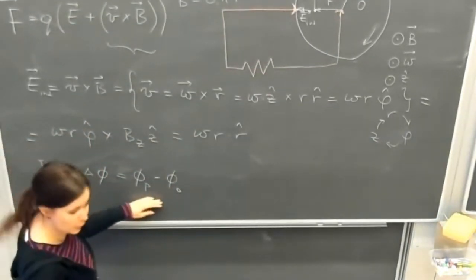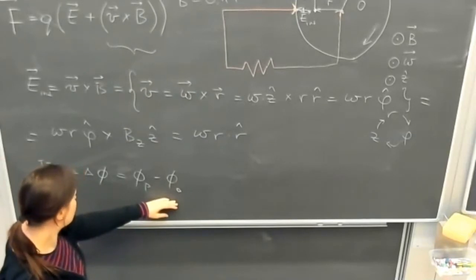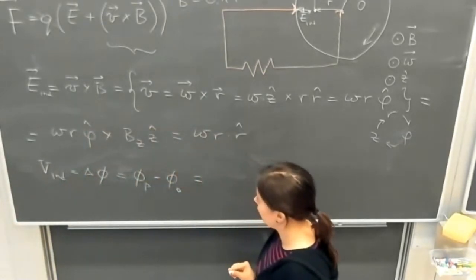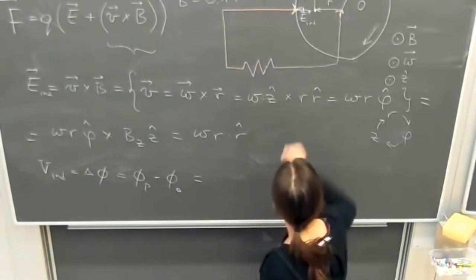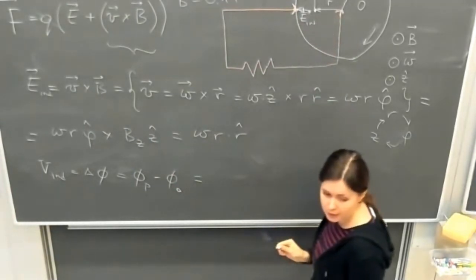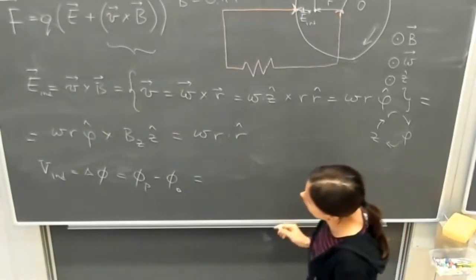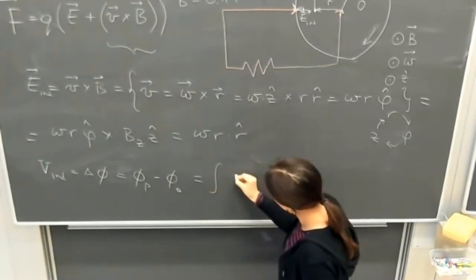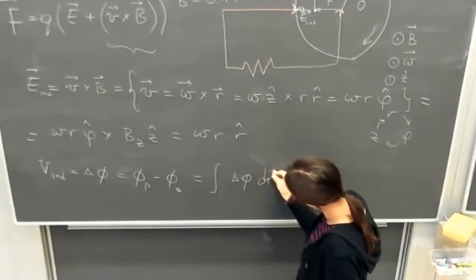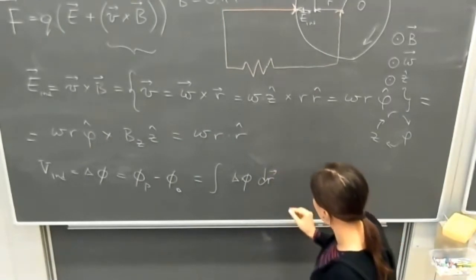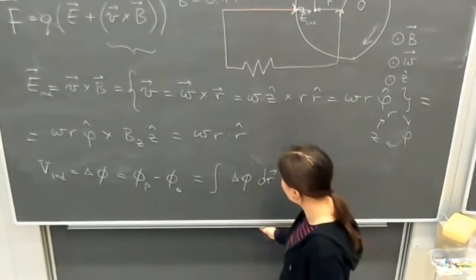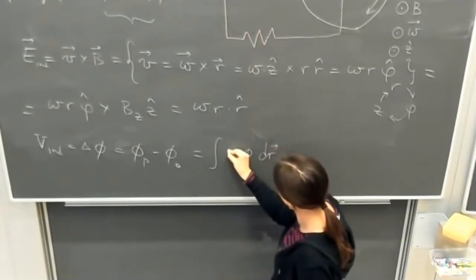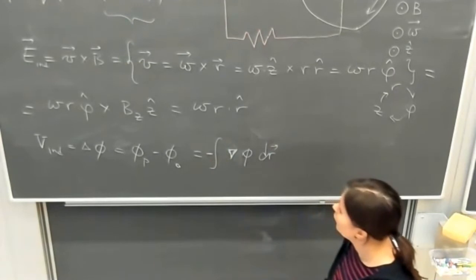If we introduce a line between these 2 points, distance r, we could write dr, and the difference of potential in this case would be minus the gradient, the integral of the electric field.